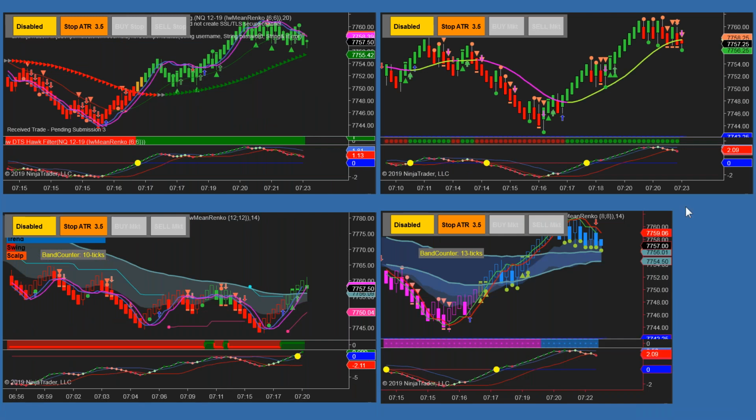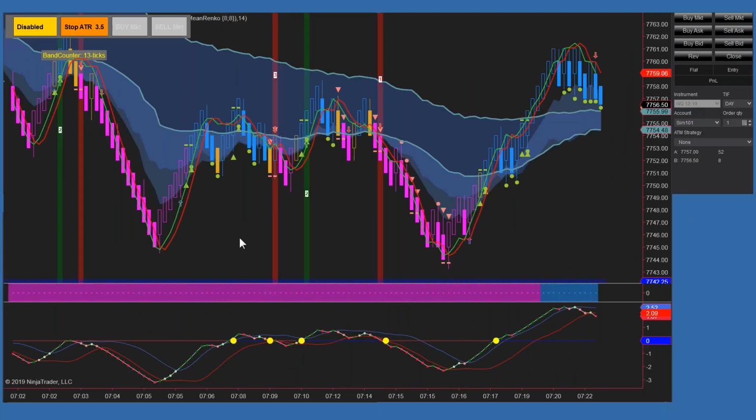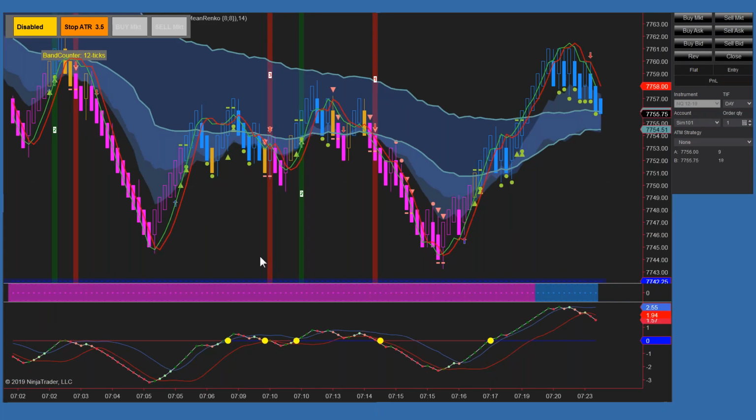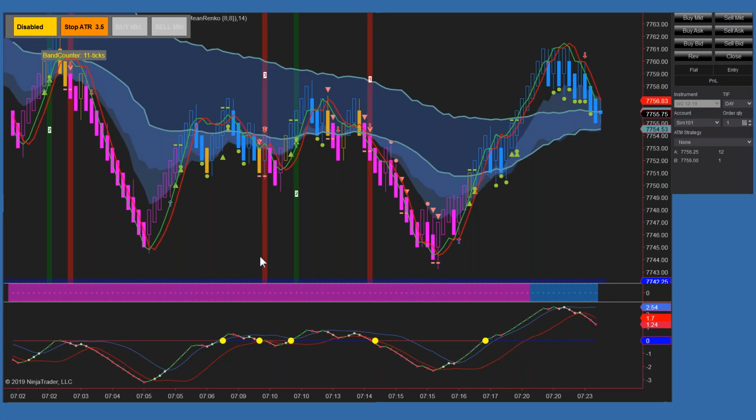The exception was those couple Raptor trades I tried, both of which I believe were counter trend, which would be easy enough to filter out.